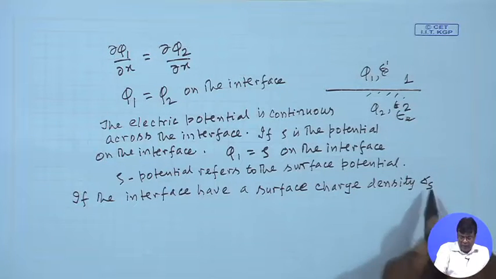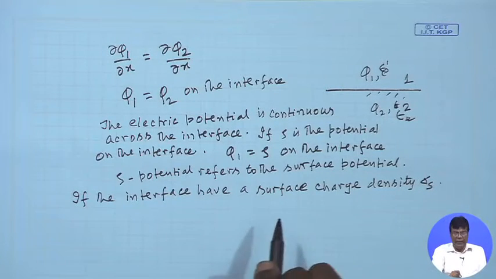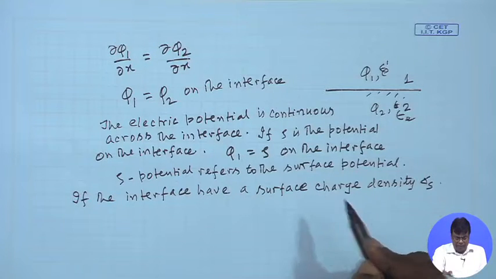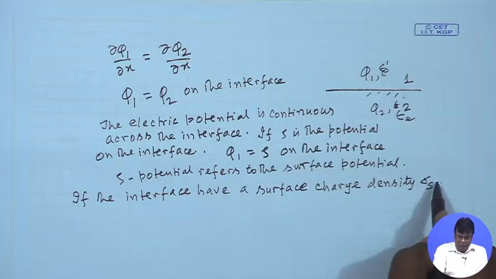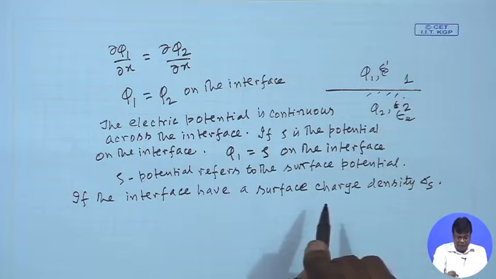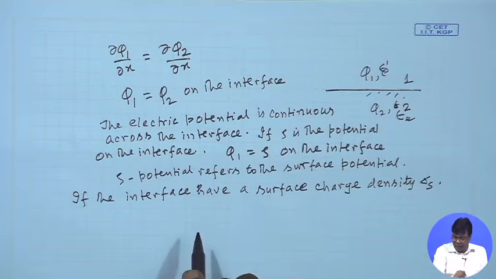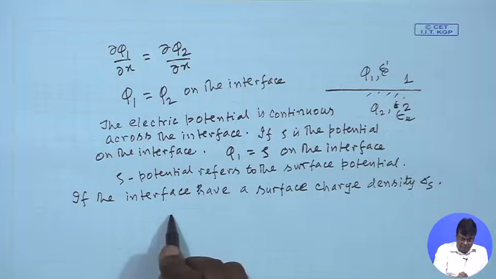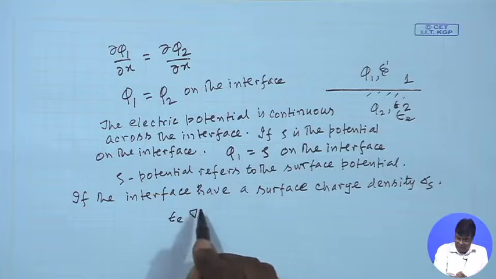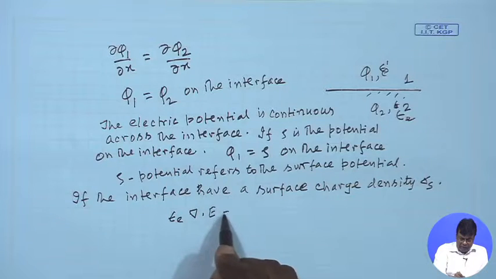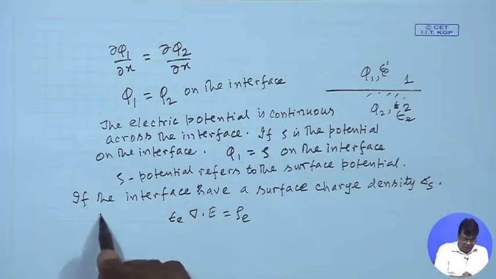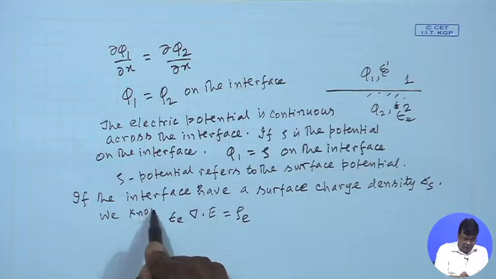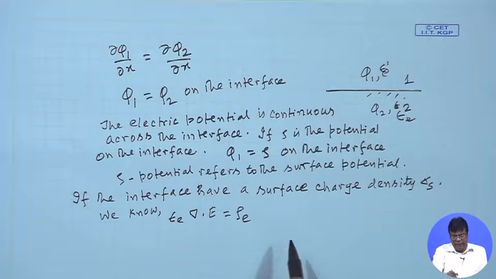Now, we need a different condition, because the earlier condition is not sufficient. So, we derive a condition from the already derived Poisson equation for the electric field, that is, epsilon E times the divergence of E equal to rho e, where E is the electric field.